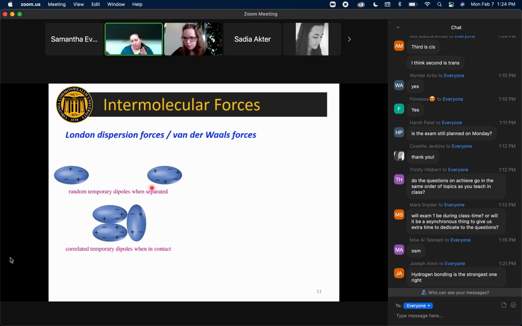But that doesn't mean that there's no movement of the electron clouds within the molecule, and that movement of the electron clouds can create temporary dipoles in the molecule. So even though there's not an intrinsic molecular dipole pointed in one particular direction, and the overall average molecular dipole of this molecule is 0.